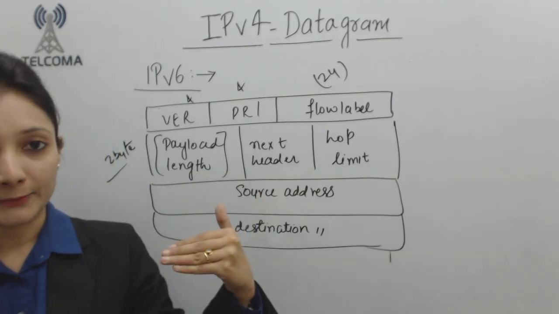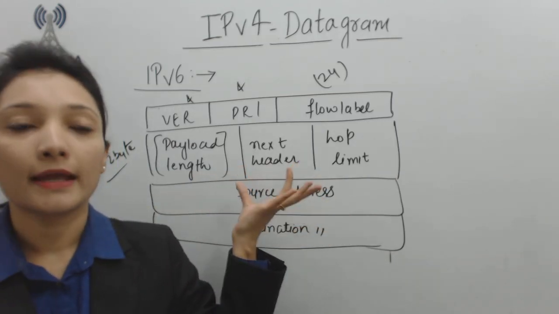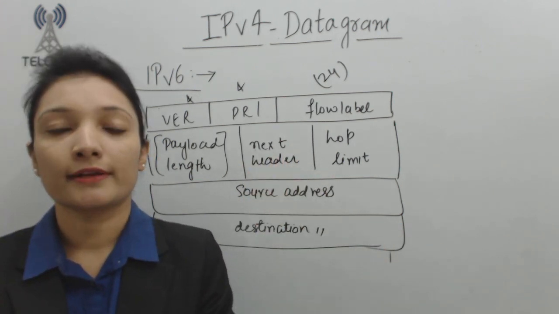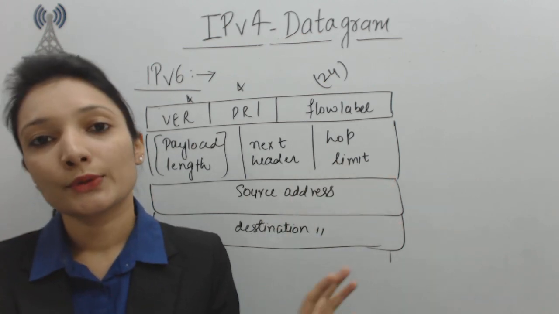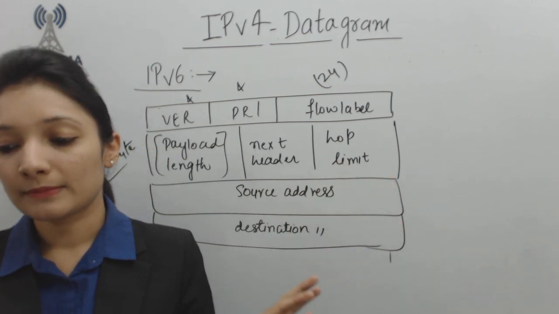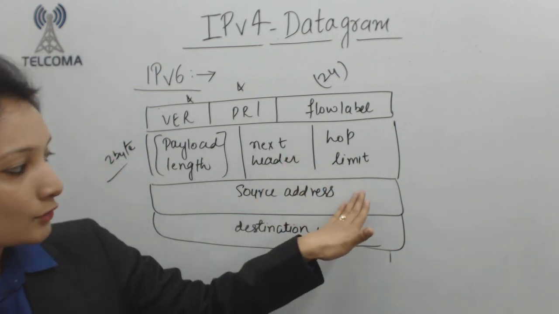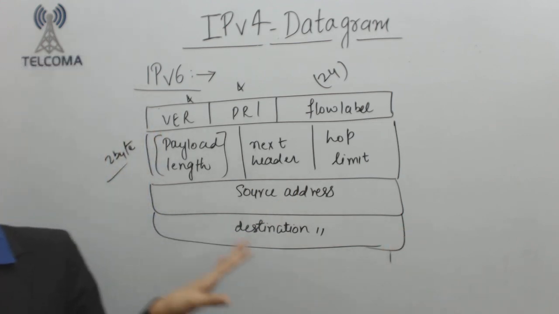It defines the header that follows, or we can say the next protocol to which your datagram will be delivered. Next we have the hop limit, which is similar to the TTL field, time to live. That means it specifies the lifetime of your packet. Next we have the source address and the destination address of the datagram.